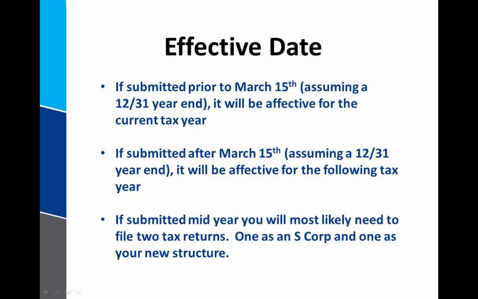One tax return where you would file as an S corporation, and then the second tax return will be whatever status the new entity is, or whatever status it went back into, whether it was a C corporation or maybe an LLC. So normally if you do a mid-year status change, you're going to have two different tax returns that need to be filed.